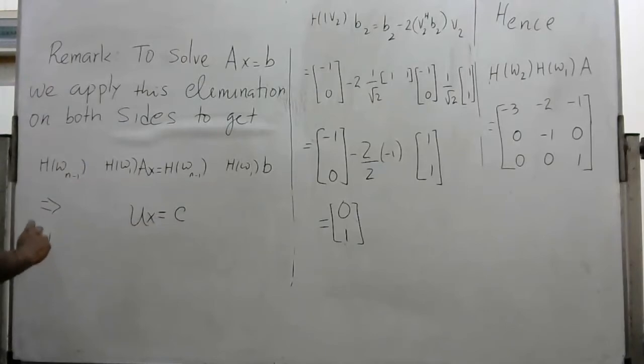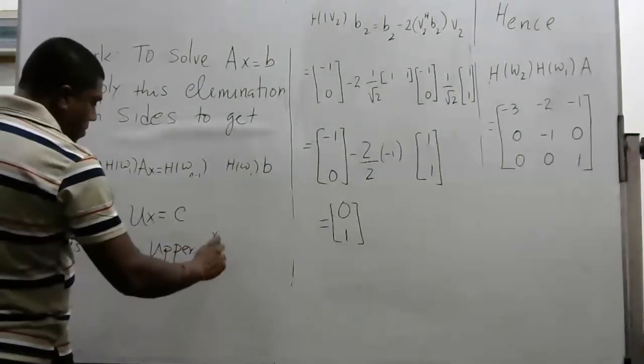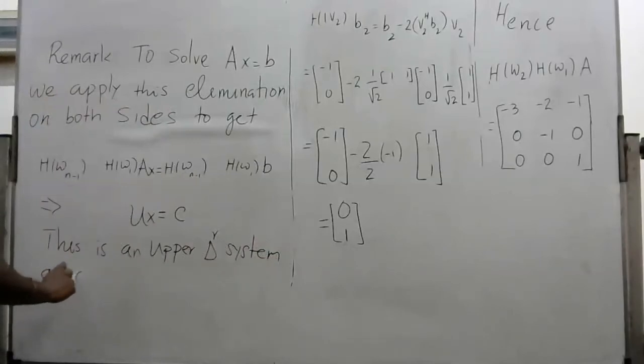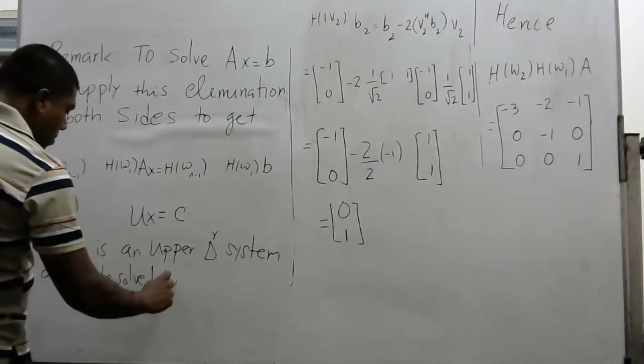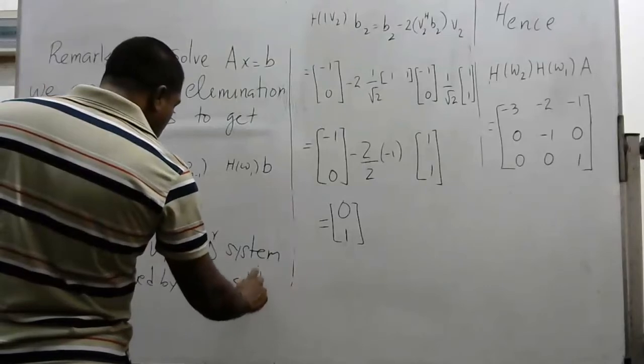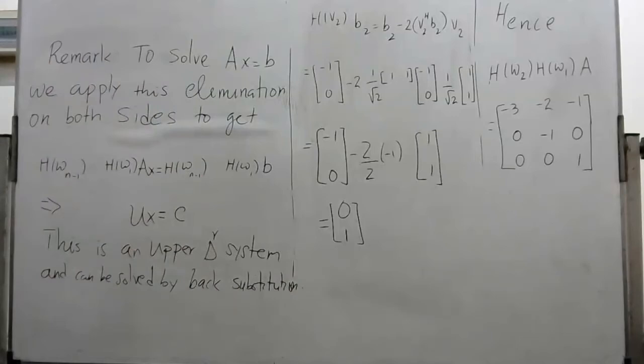So this can be solved, and that can be solved by using back substitution, right? So we will see an example again on how we can solve the system.